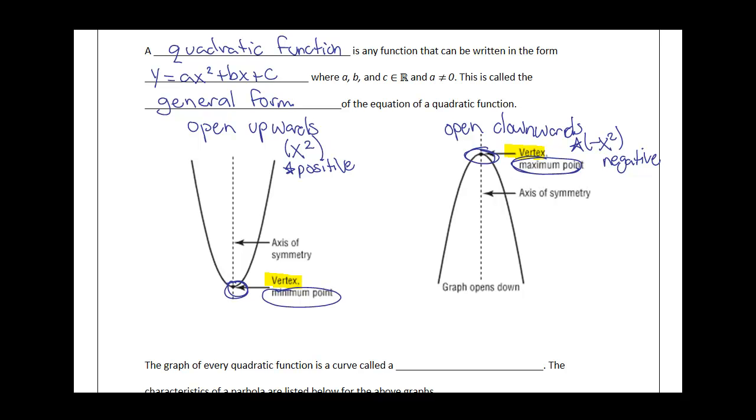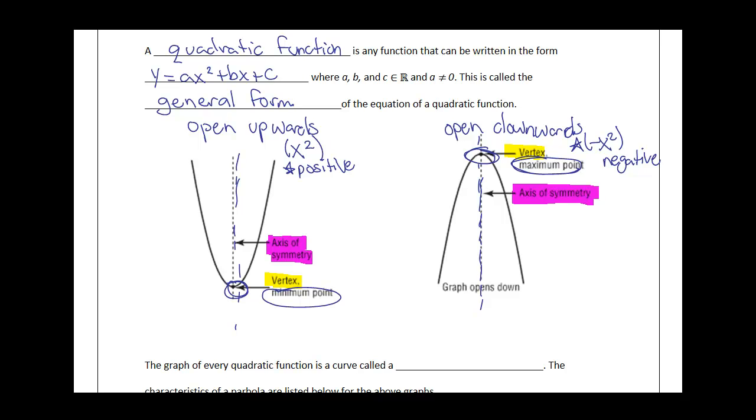Another piece that we see here is the axis of symmetry on both graphs. You'll notice it's this vertical line that intersects the graph right at the vertex on both.